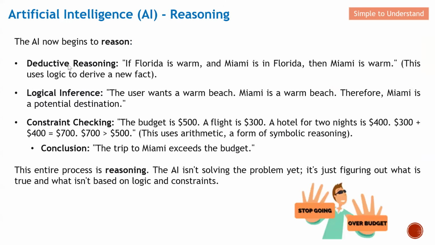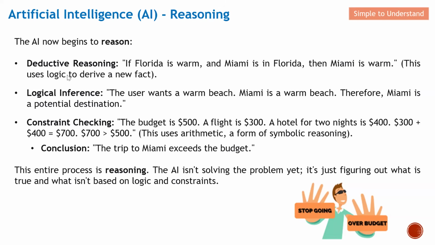Let's take a close look. Now the AI begins to reason, for example, under deductive reasoning. If Florida is warm, then Miami is inside Florida, and therefore I conclude that Miami will also be warm. Basically this is using logic.